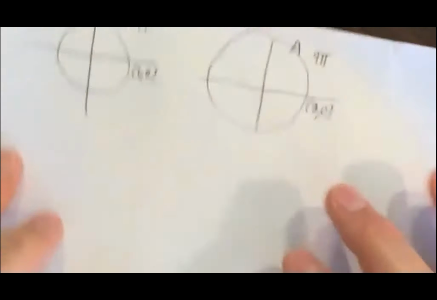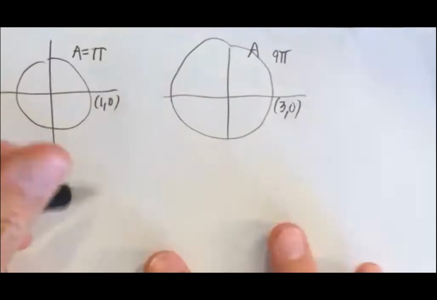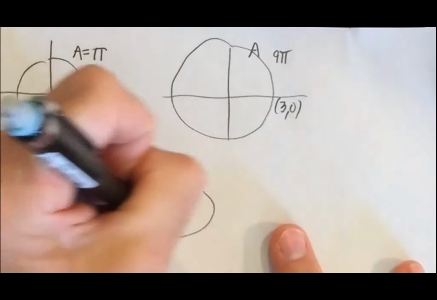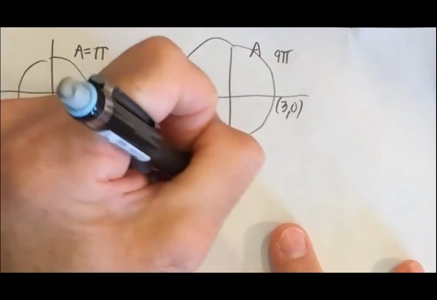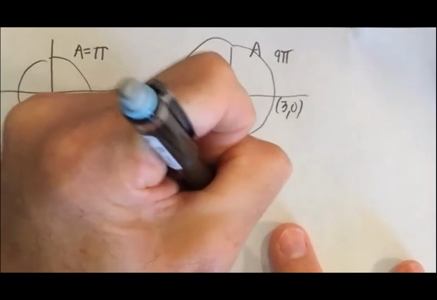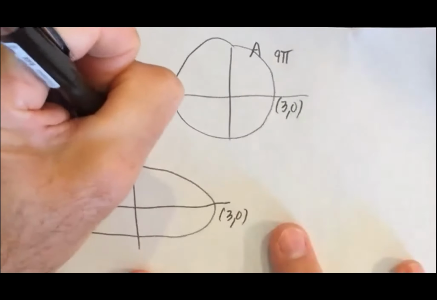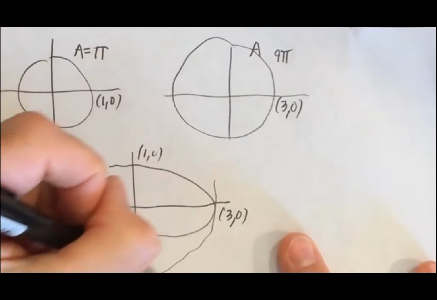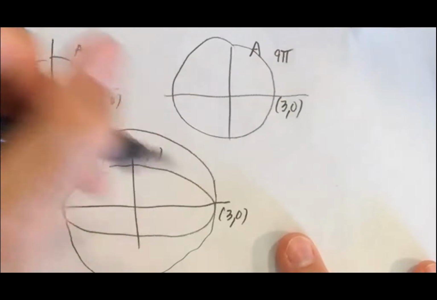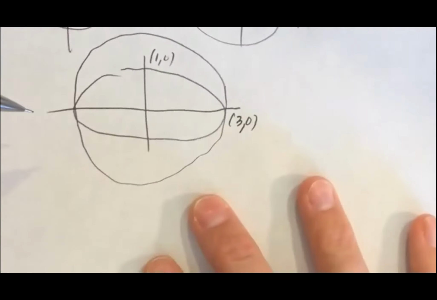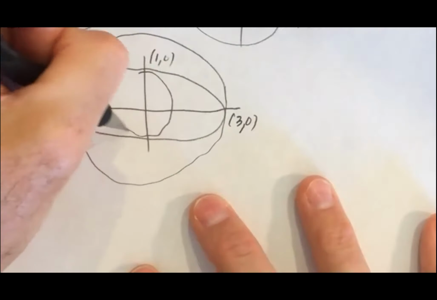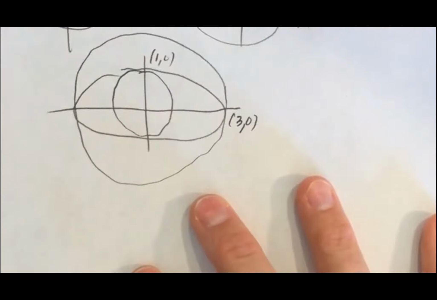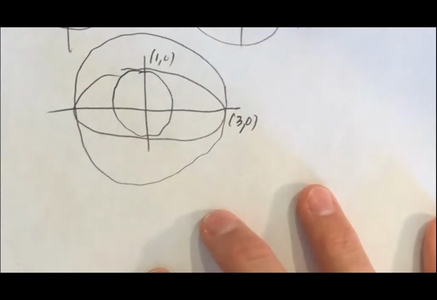So if I ellipse this thing so that it goes out to 3, but only up to 1, then the big circle would fit around it like this, and the little circle would fit inside of it like that. Sorry about the messy drawing. So I'm thinking the ellipse is going to be somewhere between pi and 9 pi.